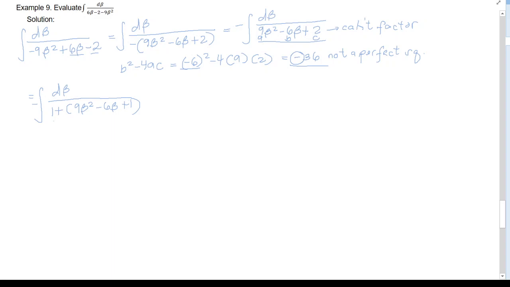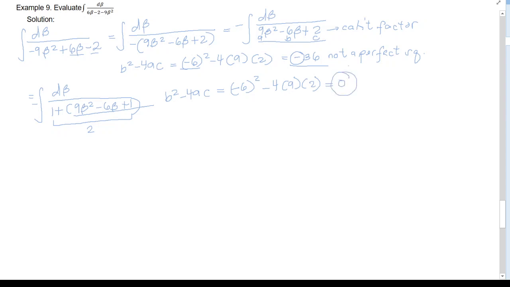Since if we add 1 plus 1, that is still equal to 2. Since if we check this one, it can be factored already. So if we check that one, that is b squared minus 4ac, that is equal to negative 6 squared minus 4 multiplied by 9 multiplied by 2, and that is equal to 0.